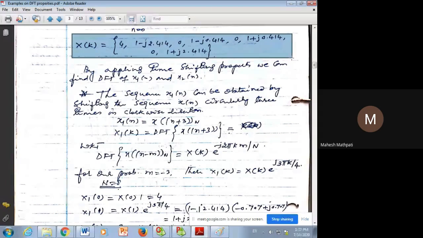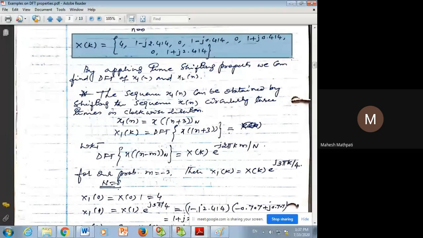The next point we just add. The sequence x1 of n can be obtained by shifting the sequence x of n circularly 3 times in the clockwise direction.